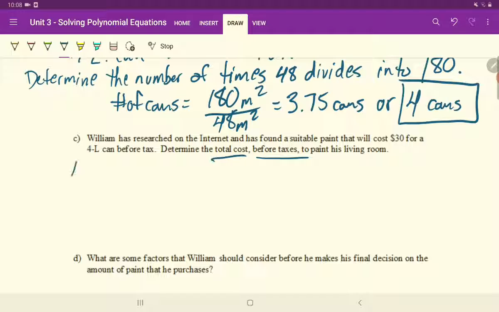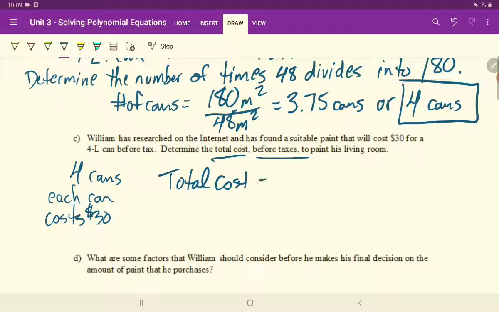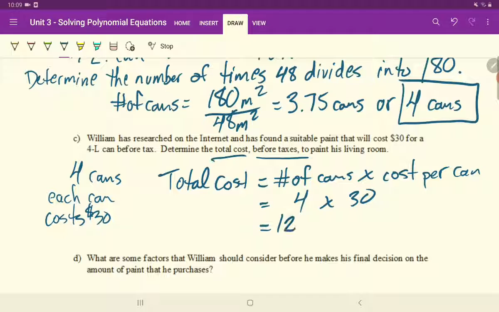If we need 4 cans, and each can costs $30, to figure out your total cost, simply multiply the number of cans times the cost per can, which is 4 times 30, which is $120 worth of paint before tax.